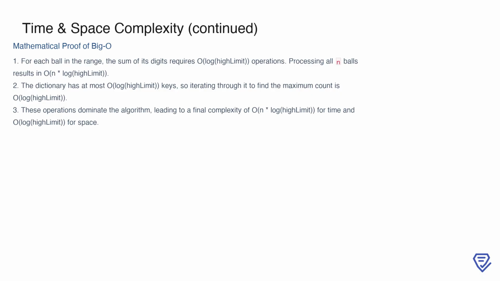Iterating through these keys to find the maximum count is an O(log high limit) operation, but this is dominated by the O(n log high limit) contribution from summing digits. Thus, the overall time complexity is O(n log high limit). For space complexity, the dictionary and temporary variables together require O(log high limit) space, confirming the final complexity of O(n log high limit) for time and O(log high limit) for space.